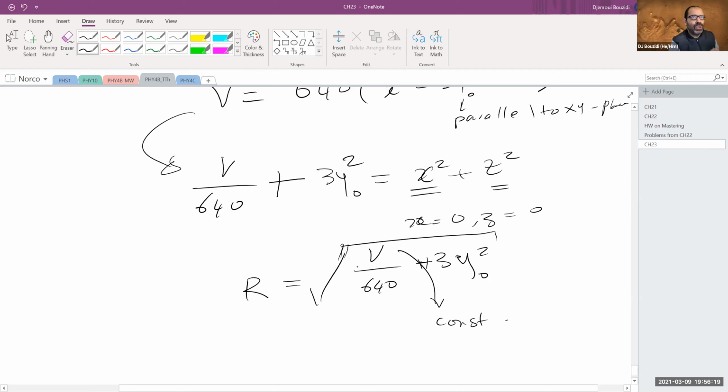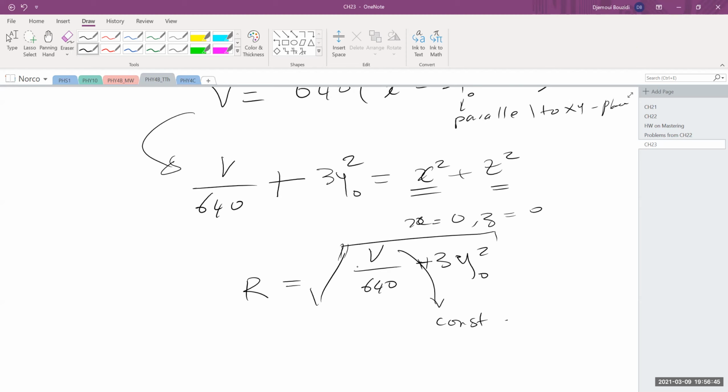If you increase V, the circle increases. If you reduce V, the circle reduces. If you go from high to low, depending on where you are on the X, Y axis, again, the circle changes radius, that's all. But it's a circle nonetheless, as long as you stay on the XZ plane or one of its parallel planes, up and down. So that answers the question. Does this make sense to you guys?